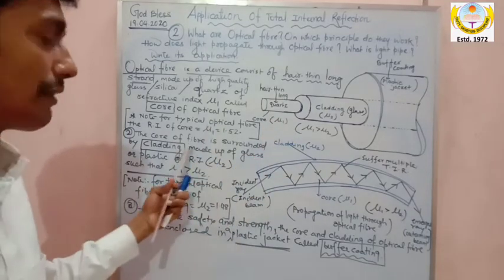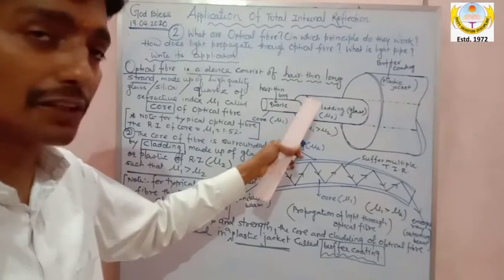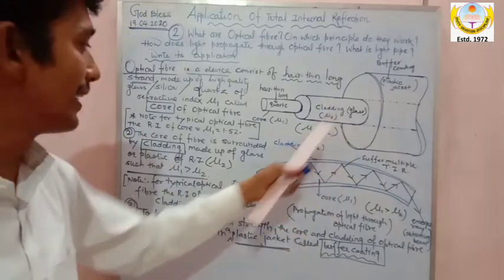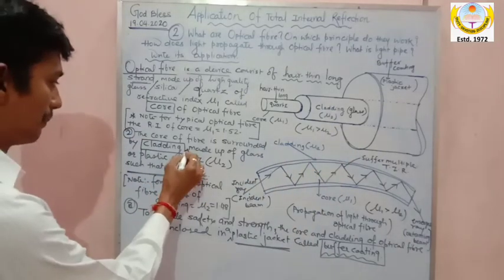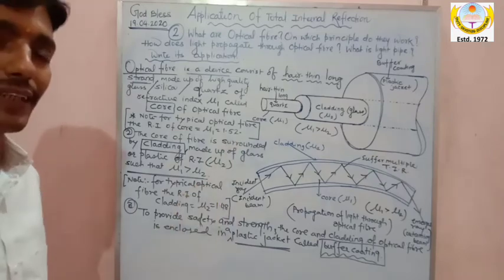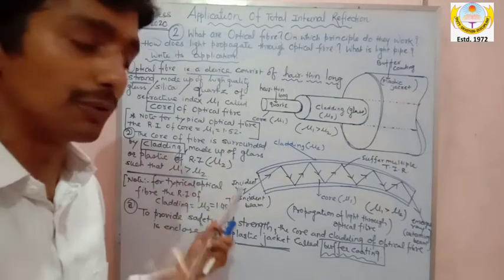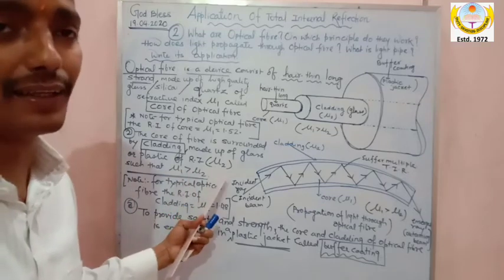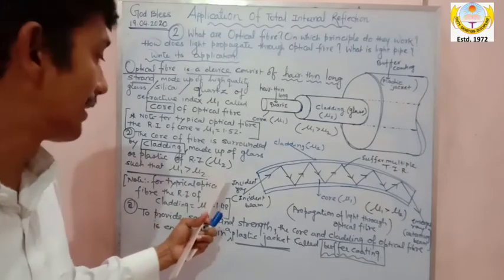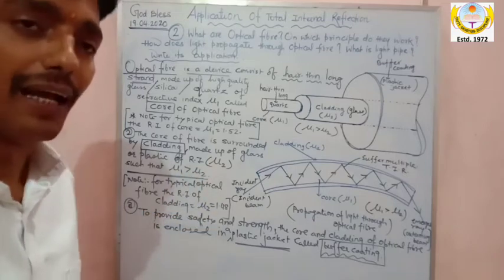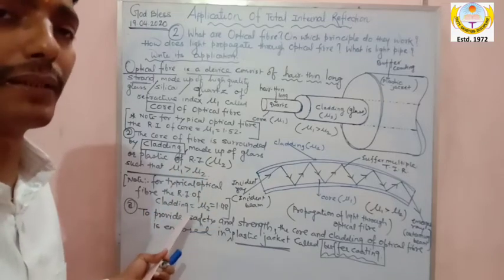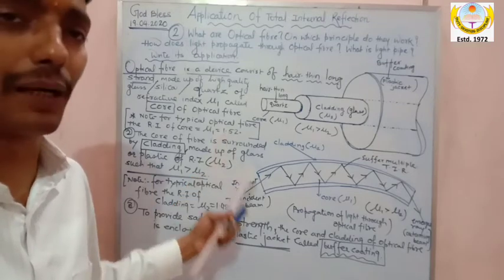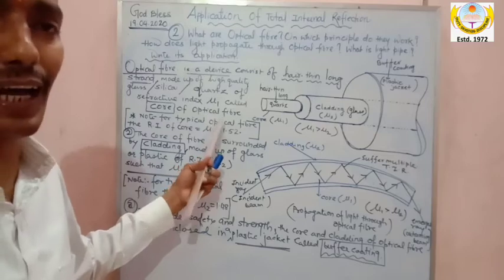Similarly, the core of the fiber is further surrounded by a cladding, which is made up of glass or plastic of refractive index mu2, such that the core refractive index is more than the cladding refractive index. Mu1 is greater than mu2. For a typical fiber, the cladding refractive index is 1.48 and the core refractive index is 1.52. So naturally, the core has a higher refractive index than the cladding.